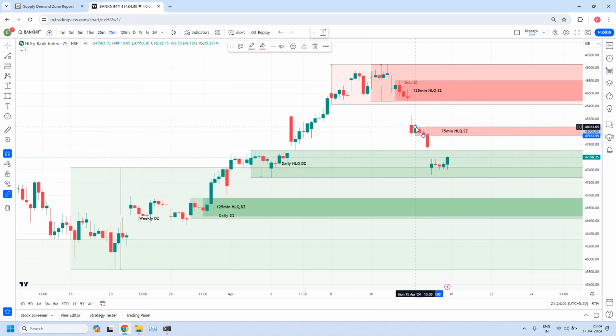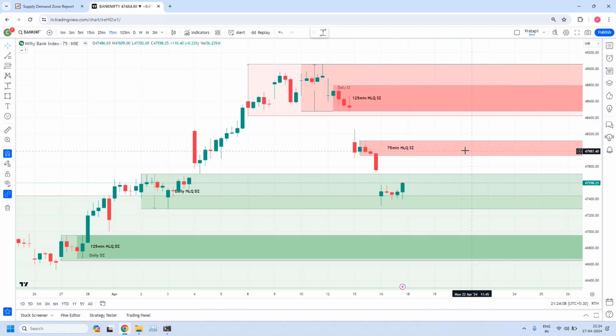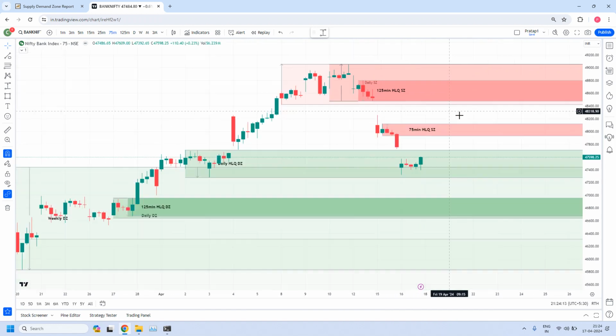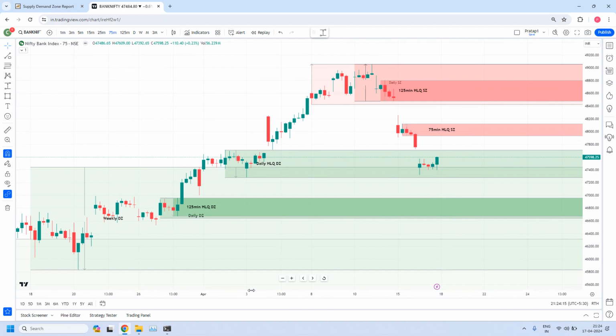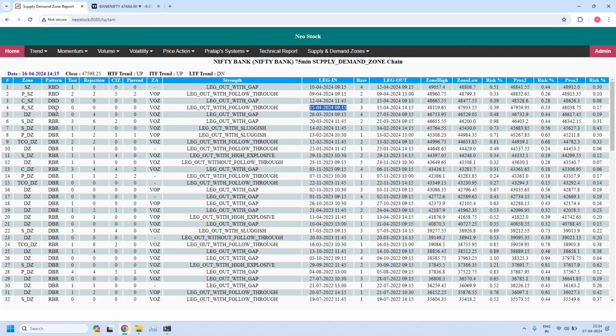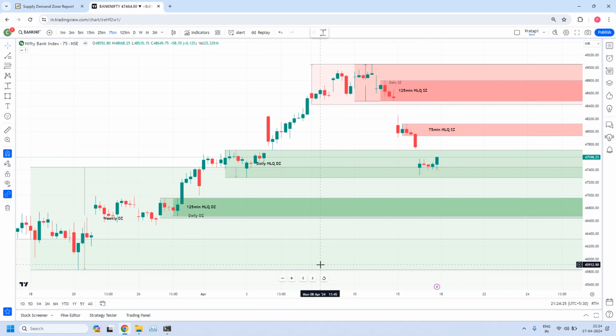Here is the zone, let me extend. This is the zone. We have a drop, 3 base candles and a drop. And below we have a demand zone, that is 26.3, 915, 4 base candles.